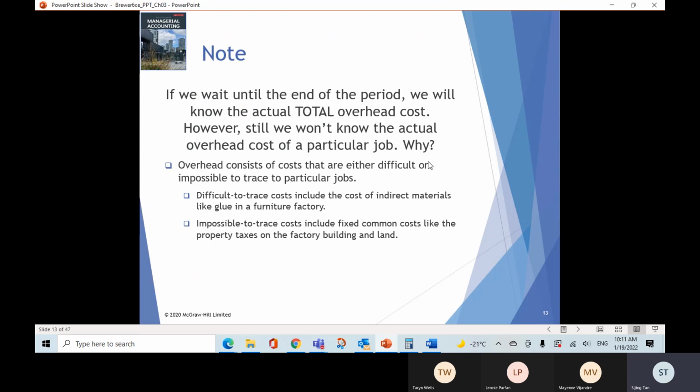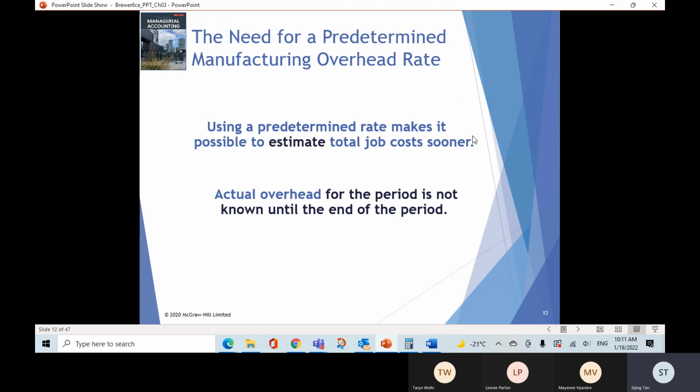I want to go through this one first. The need for a predetermined manufacturing overhead rate: we use a predetermined rate to make it possible to estimate total job cost sooner. Actual overhead for the period is not known until the end of the period. So you will know the actual overhead costs, but not at the beginning of the job; it will be at the end of the period.